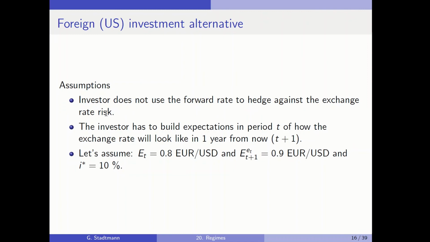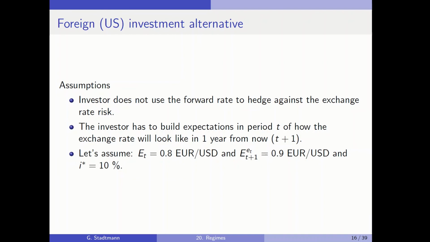What happens when we invest in the US, the foreign investment alternative? We assume that the investor does not use the forward rate to hedge against the exchange rate risk, but the investor has to build expectations in period T of what the exchange rate will look like in 1 year from now, so in T+1.